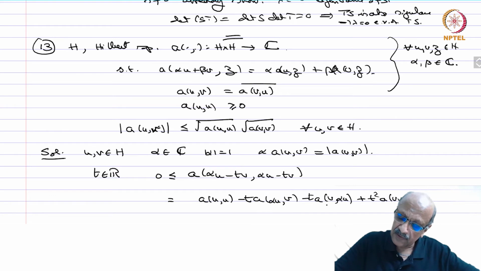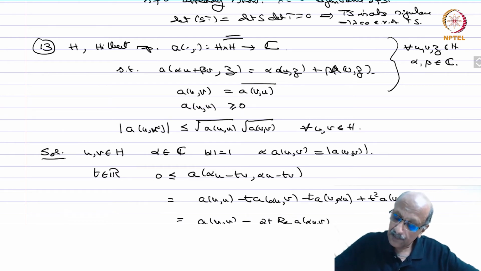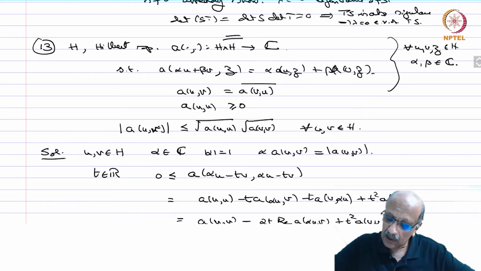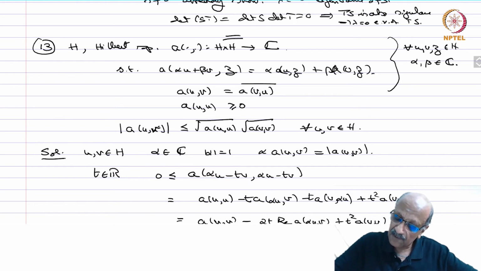Now one is the conjugate of the other by the second property, and therefore this is equal to A(u,u) minus 2t real part of A(alpha u, v) plus t squared A(v,v), which is equal to A(u,u) minus 2t times, now alpha will come out, alpha A(u,v) is the modulus, and the real part is therefore itself, so |A(u,v)| plus t squared A(v,v).